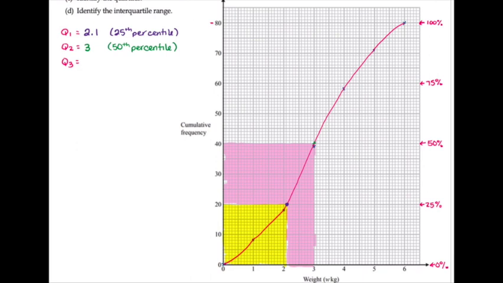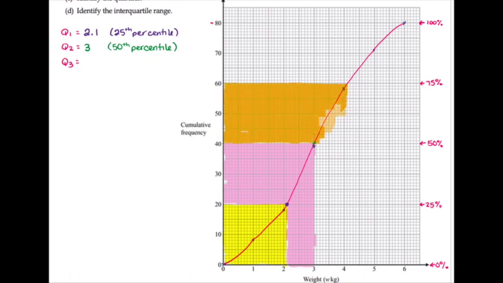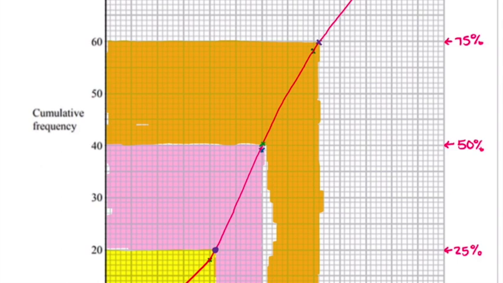The next quartile I am looking at is the third quartile, which would be the 75th percentile. Okay, so looking at this, it looks like we are located roughly at 4.1.